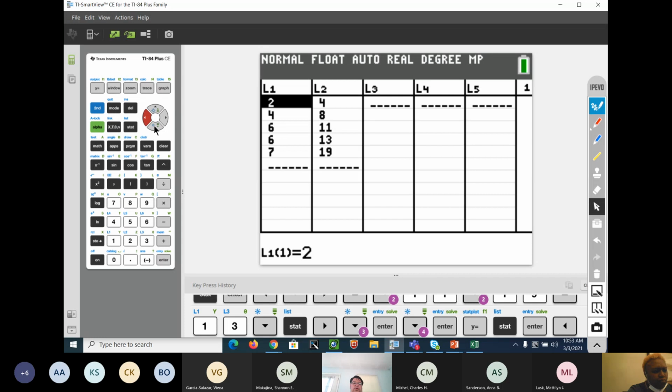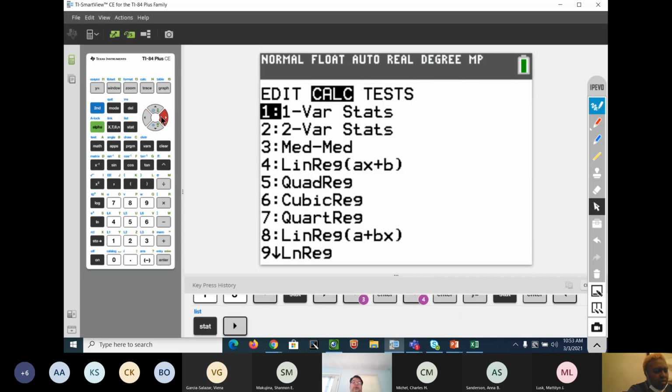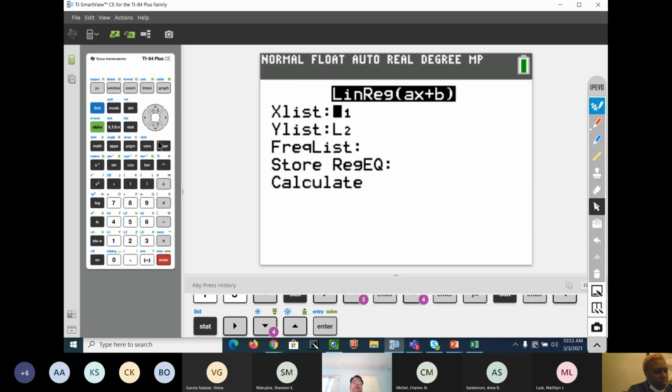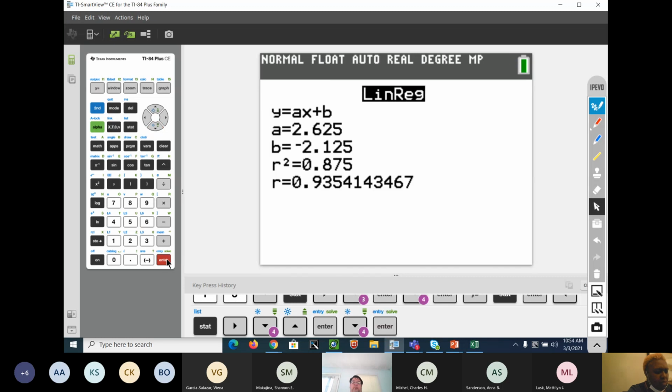Then the numbers in the calculator are correct. Just I had a number written down wrong. I'm going to check it one more time. Linear regression and calculate. So 2.625 and 0.935. Okay, so now let's go to the problem.